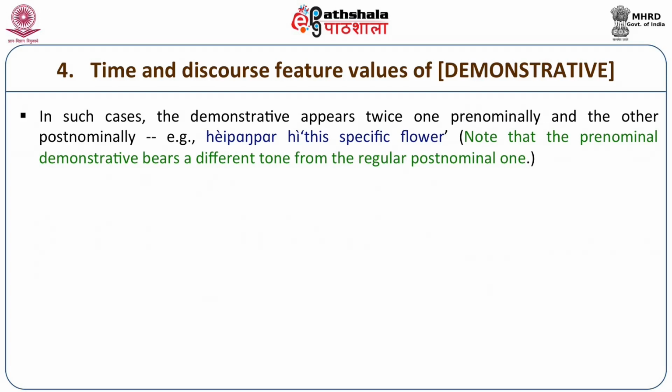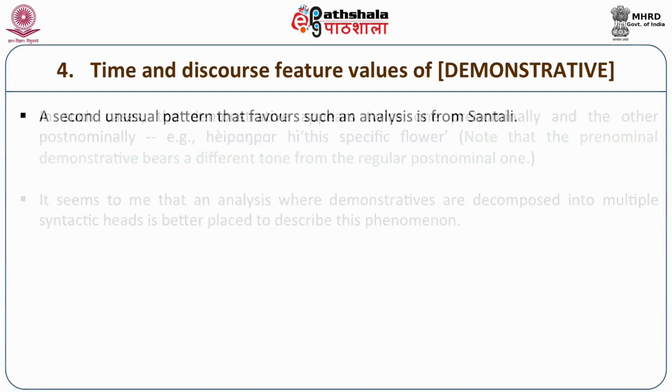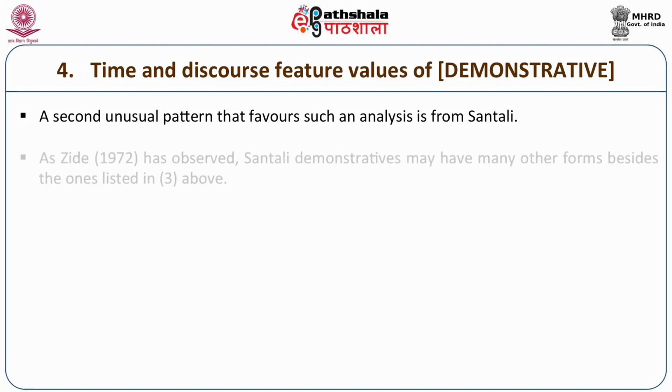So if you say this flower this, it means this specific flower. An approach that looks at demonstratives as decomposed into multiple syntactic heads seems best placed to describe this phenomenon.